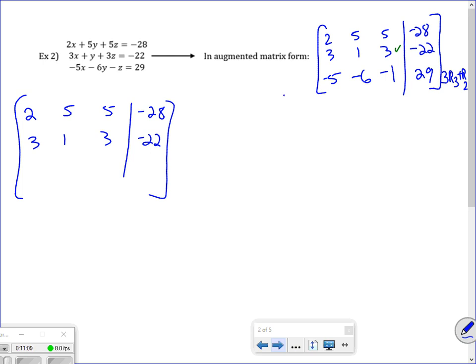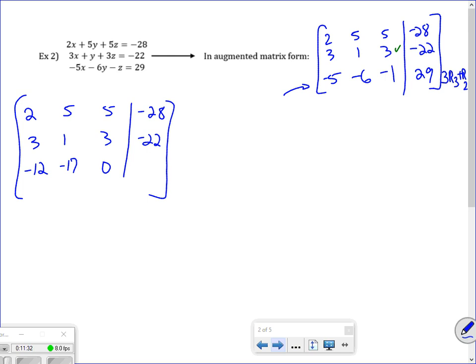So I get 3 times negative 5, so negative 15. Negative 15 plus 3 above is negative 12. And I get 3 times negative 6, which is negative 18. Negative 18 plus 1 above is negative 17. Sorry. And then 3 times negative 1, so that's negative 3. And negative 3 plus 3 is 0, so that's good.